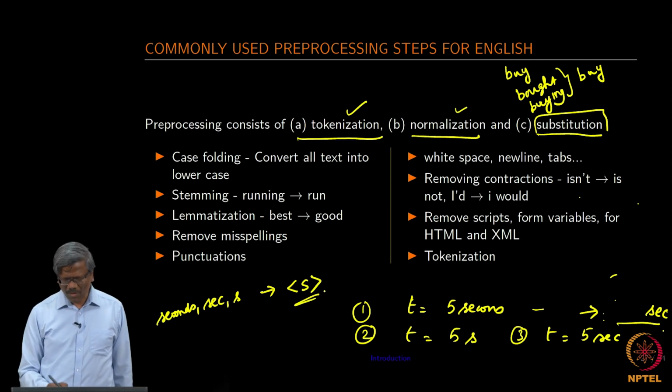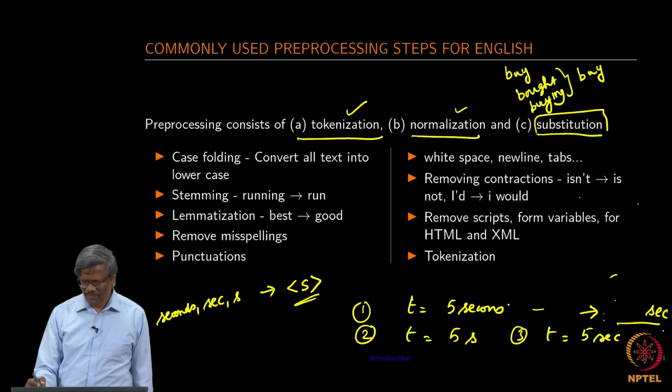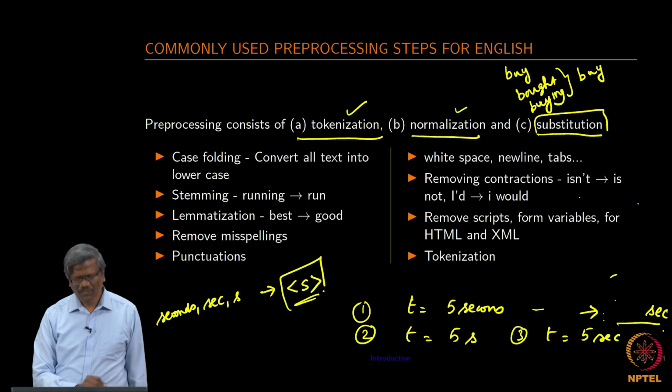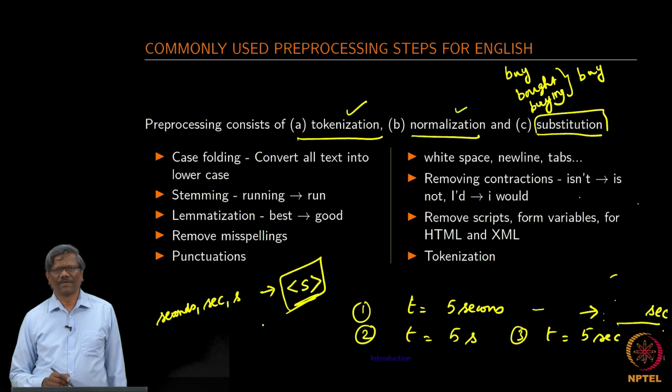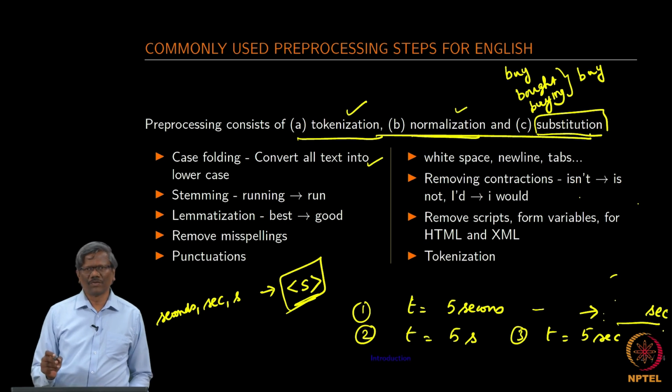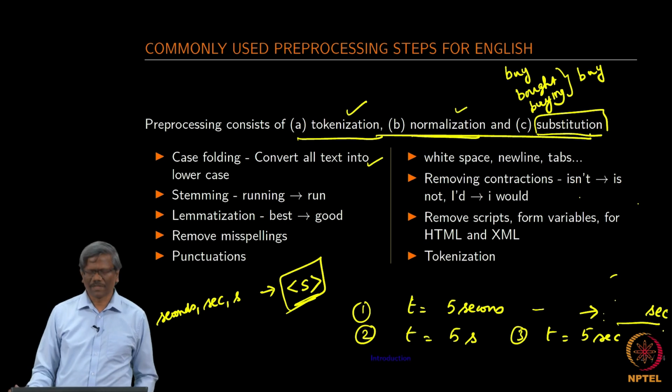Okay. So, all would be replaced in the standard form. So, you normalize it and then substitute this using the standard notation. Okay. So, these are the 3 operations that you would normally find in the pre-processing steps.